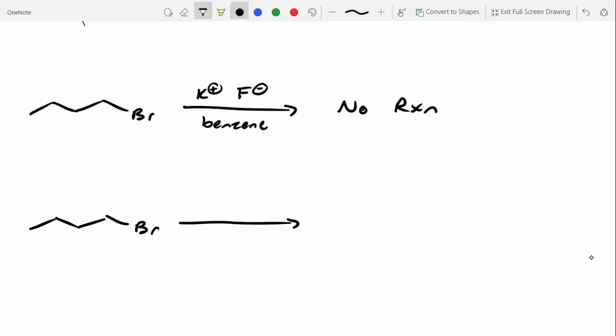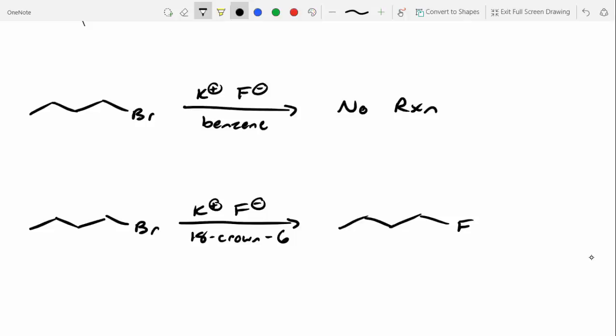And in this case, what crown ether would we like to use if we want to break up this ion pair? Yeah, 18 crown 6. And by doing this, the crown ether wraps up that potassium cation, exposing that fluoride, which makes it really reactive, and you're actually able to get new carbon-fluorine bonds to occur.